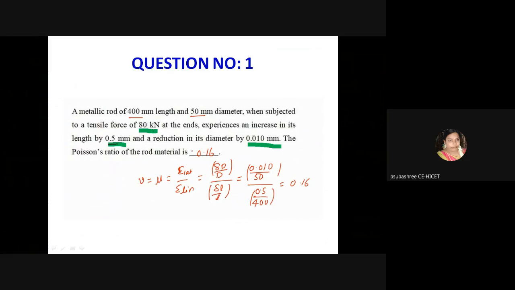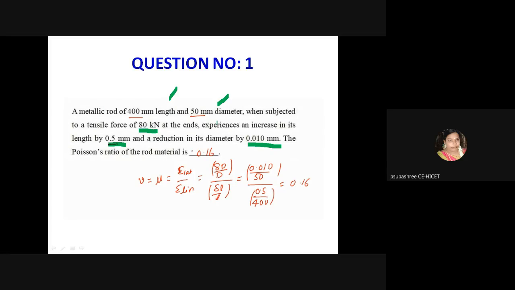Okay. What are the given data? Length is equal to 400 mm, then diameter 50 mm. So read the questions very carefully. Then the tensile force is equal to 80 kilonewton.